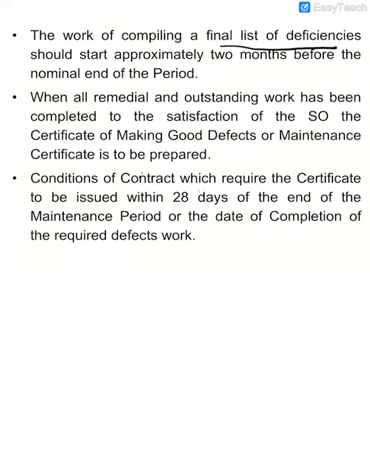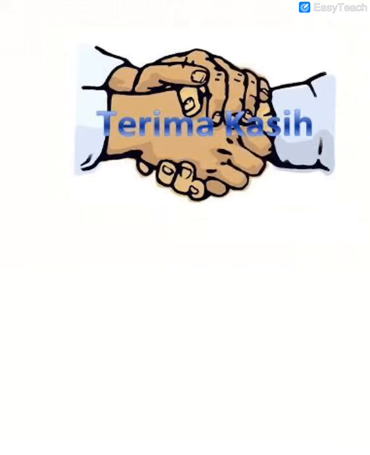So the SO has to make sure the CMGD is issued 28 days after the end of the DLP. About a month, but 28 days, not a month. The SO has to make sure the CMGD is issued to the contractor. That is stated in the contract.